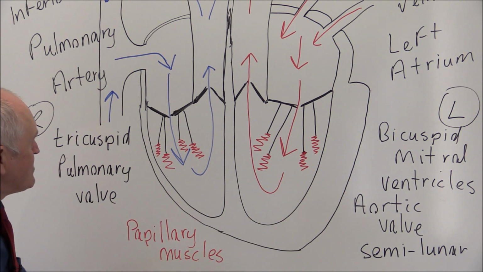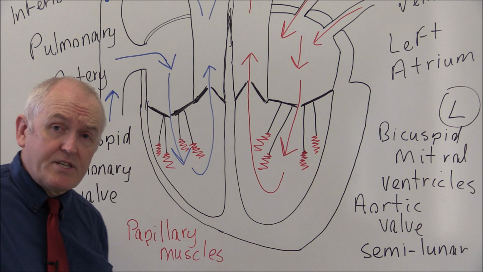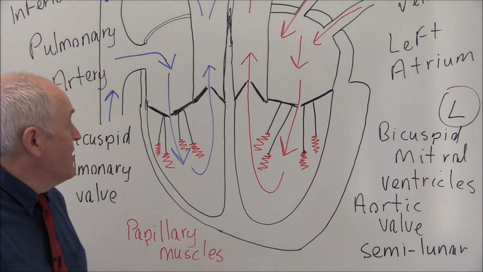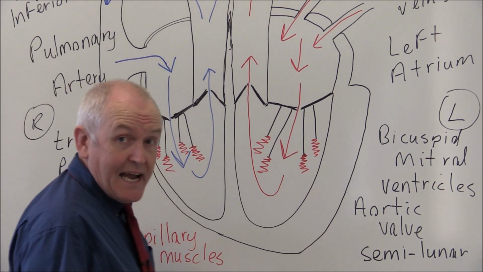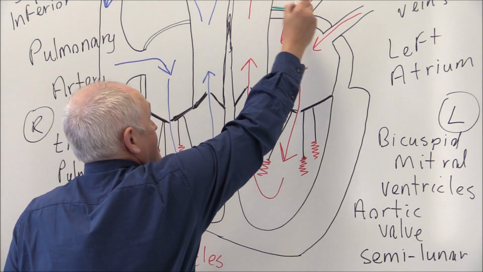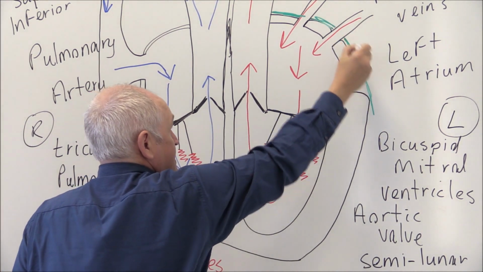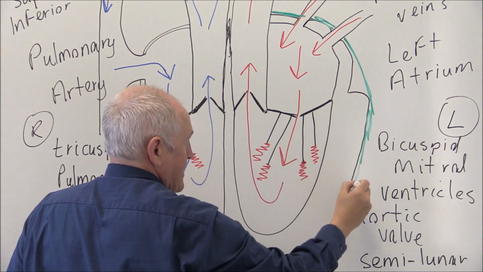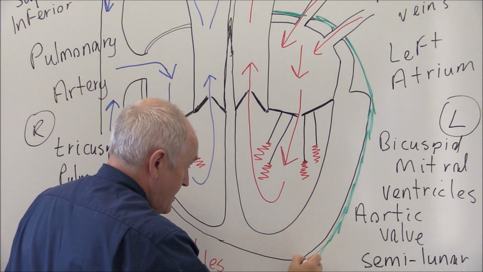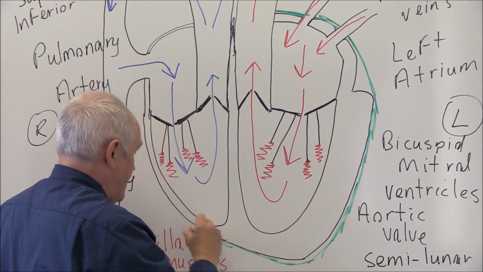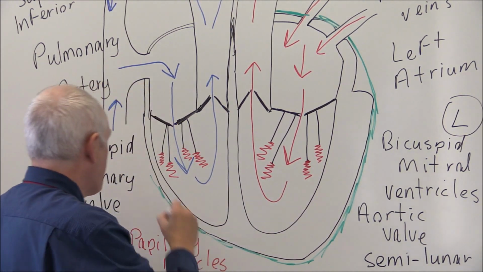So we've looked at the chambers, we've looked at the vessels, we've looked at the valves. The other thing we need to learn when we're starting to learn about the heart are the layers of the heart. Now, round about the outside of the heart, surrounding all of it, there is a fibrous sac. This fibrous sac is very important because it provides physical protection to the heart, in addition to the ribs, the vertebrae and the sternum.